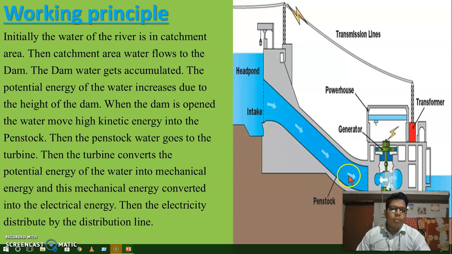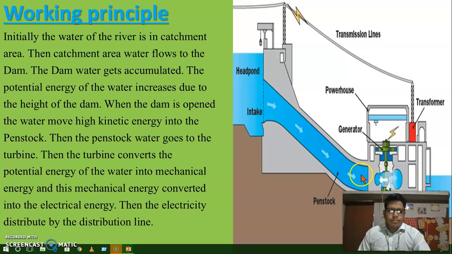Then the water from the catchment area flows to the dam, and in the dam the water gets accumulated. The potential energy of the water increases due to the height of the dam. When the dam is open, the water moves with high kinetic energy into the penstock.